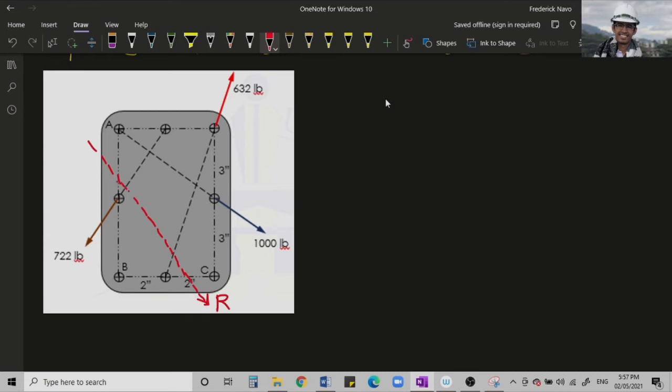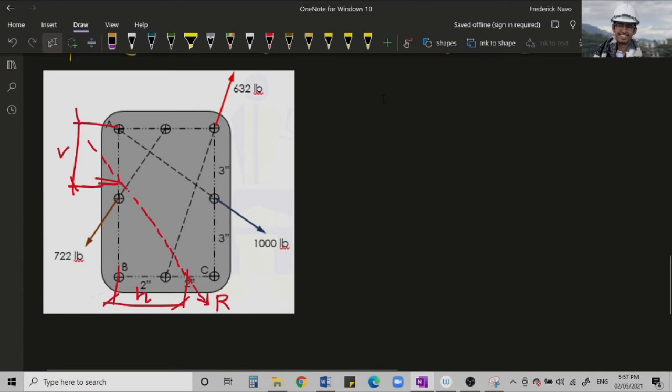So, meron tayong intersection dito. So, let's call this V. And yung intersection natin dito will be H. Ayan.